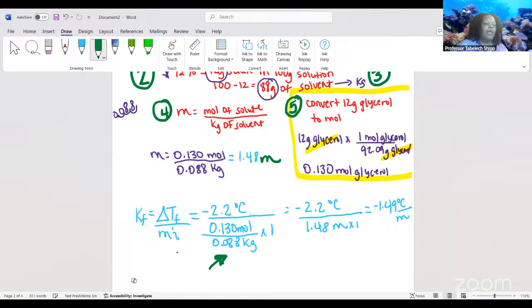So rather than plugging these numbers in here and getting you confused, we went ahead and solved for that, which we got 1.48, and that's the number on the very bottom. So negative 2.2 divided by 1.48 gives us negative 1.49 degrees Celsius per molal.